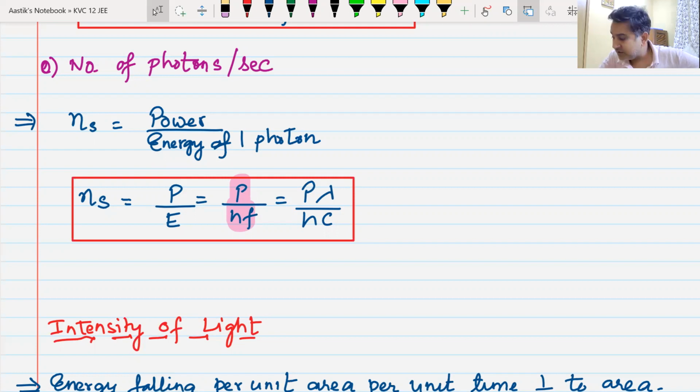Do we understand this? Put the value of P, put the value of lambda, put the value of h and c. Now remember, do one thing. For this question, I gave you the value of hc in electron volt. Multiply h by c and keep that value in your head. Whenever you have to multiply h by c, you don't have to multiply 6.6 by c.